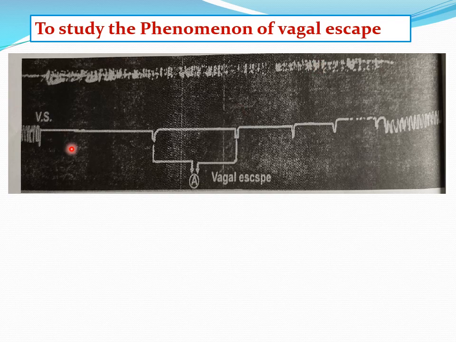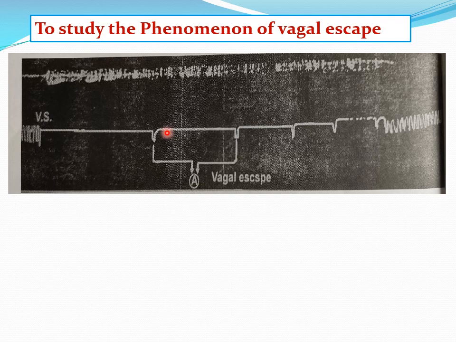The definition of vagal escape is: escape of the heart from the inhibitory effect of continuous vagal stimulation. So even though the vagal stimulation is continuous, the heart comes out of it.